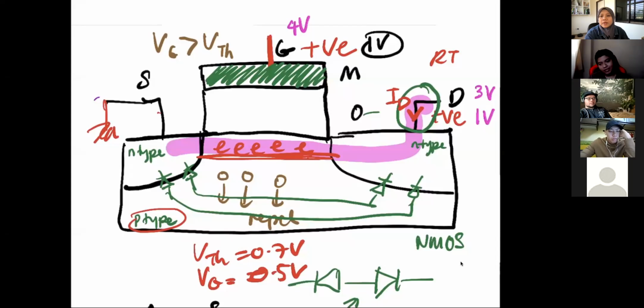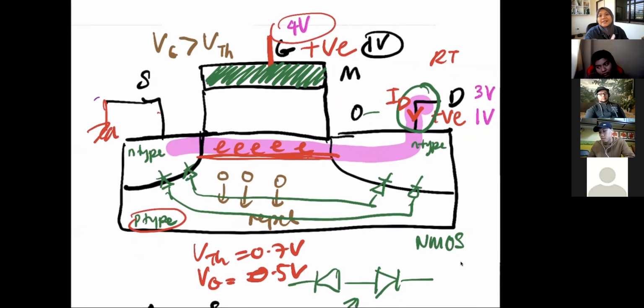Yes, the channel size. But I keep the VG constant at 4 volt. My gate voltage is constant at 4 volt.